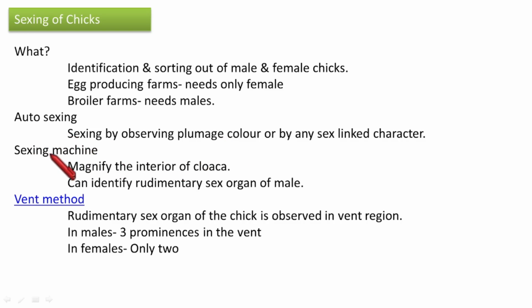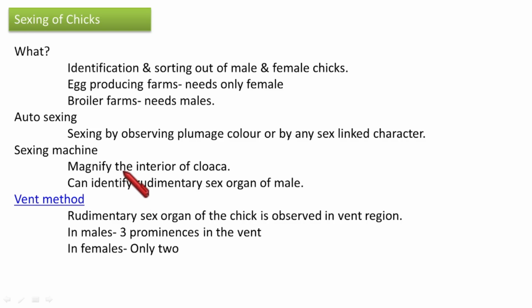Then sexing machine means there will be some machine. What it is doing is magnifying the cloaca. Cloaca means that opening through which the egg is laid. So the interior side of that opening is magnified and observed.